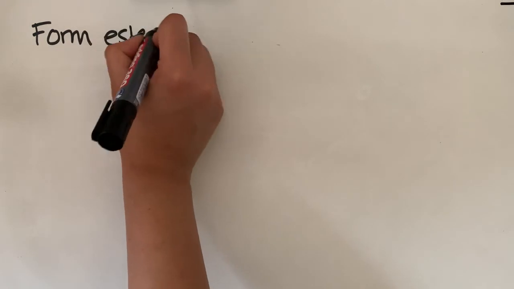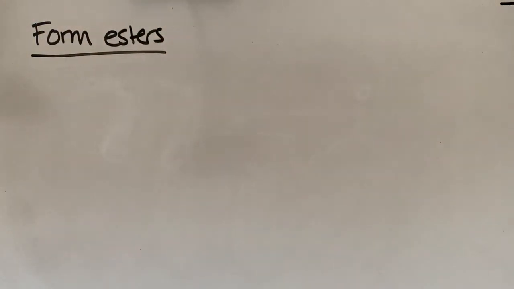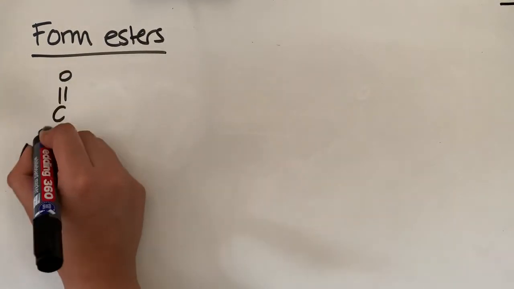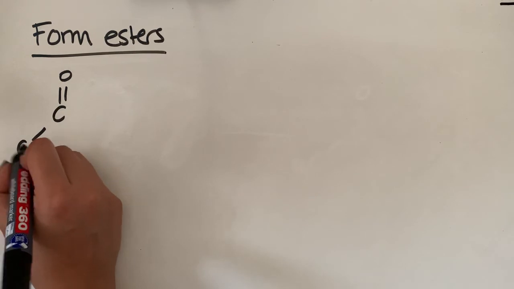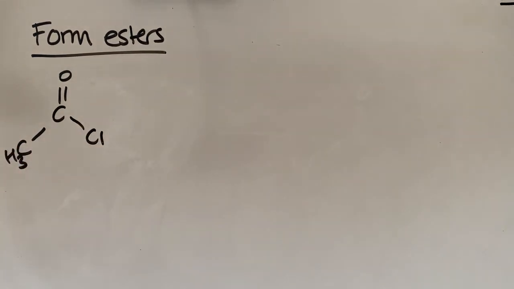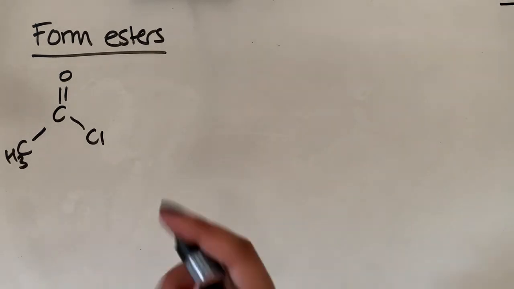So we can use acids to form esters, and we'll do an example now. If I use the same acyl chloride as before, rather than using a carboxylic acid and an alcohol, I can use an acyl chloride and an alcohol.